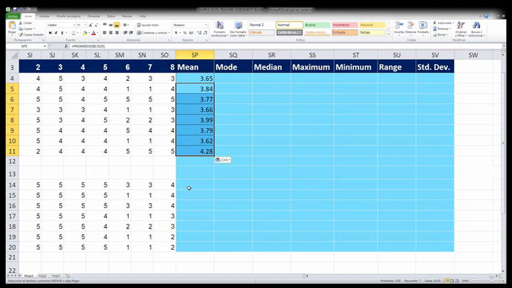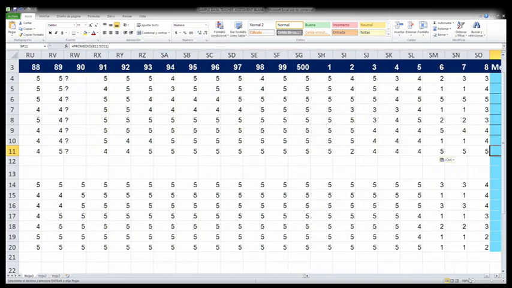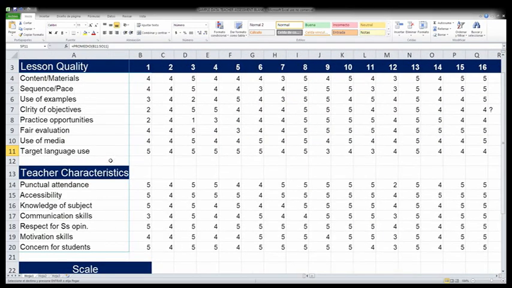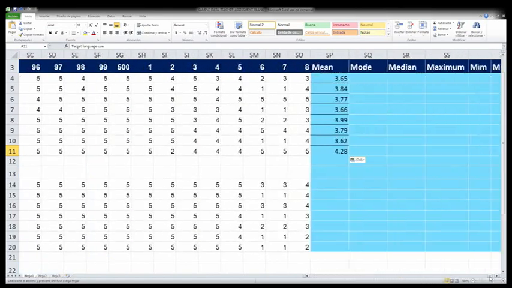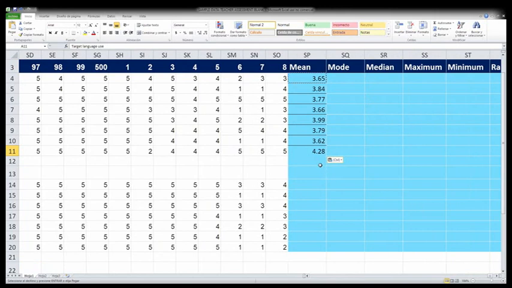There we have the results, as you can see. Okay, those are the results of the mean. You can see that in some cases, like this one, the teachers did better, 4.28. Let's see what it is. Number 4, target language used. So that means that the students consider that the teachers have a really good level of the target language, at least in this sample.